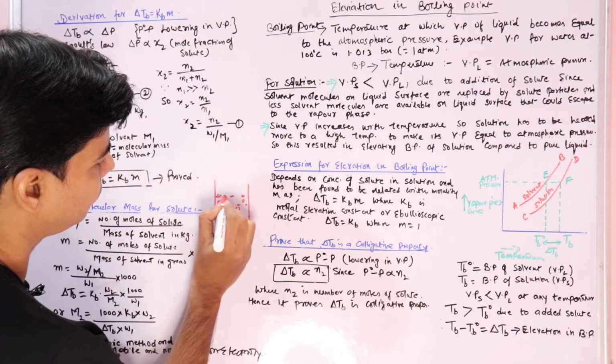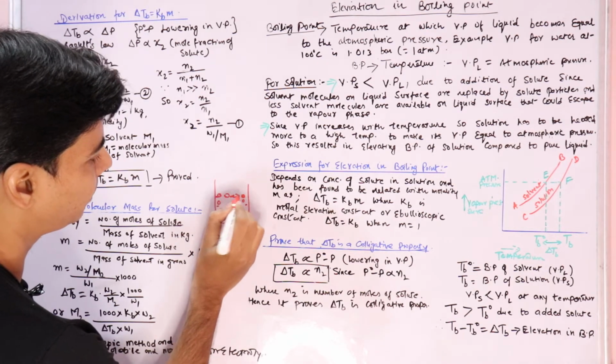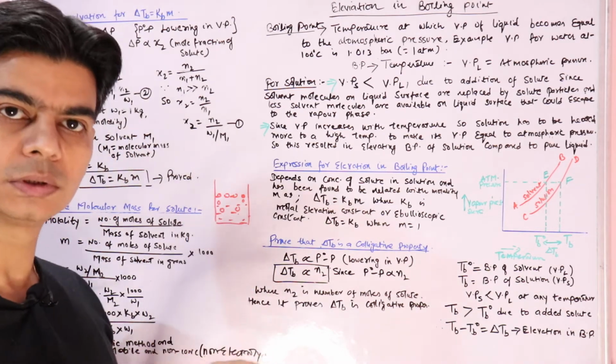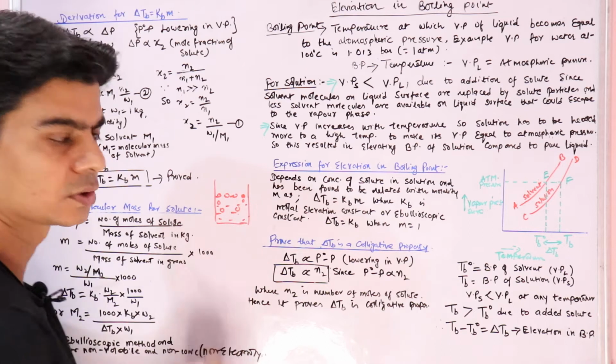At the surface, we know that vapors are formed due to the molecules of liquid that are at the surface of the liquid.